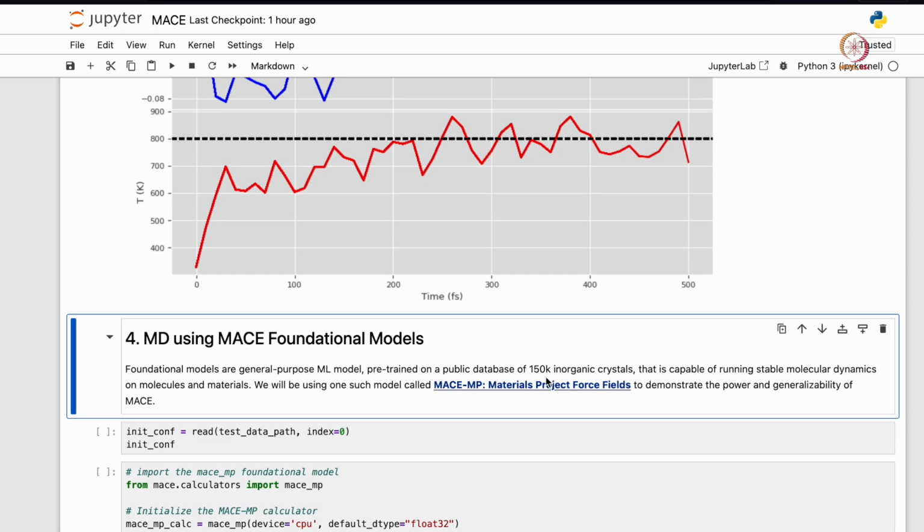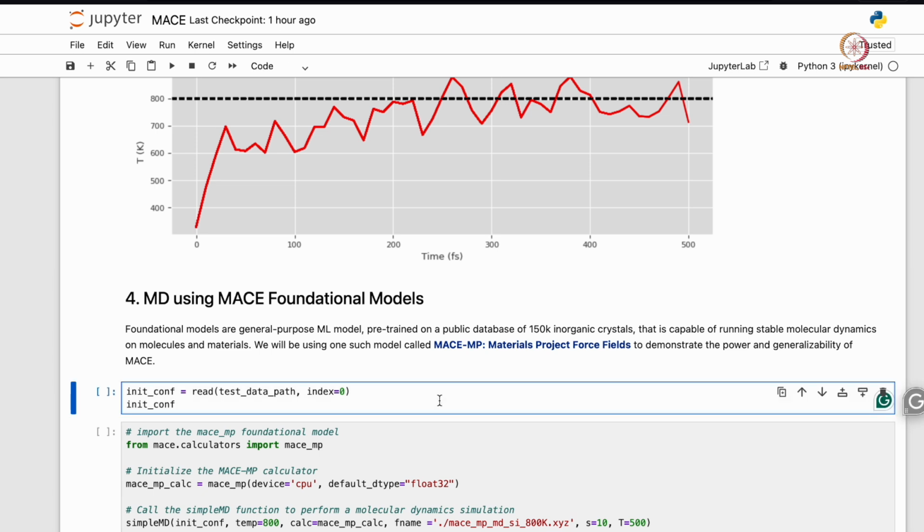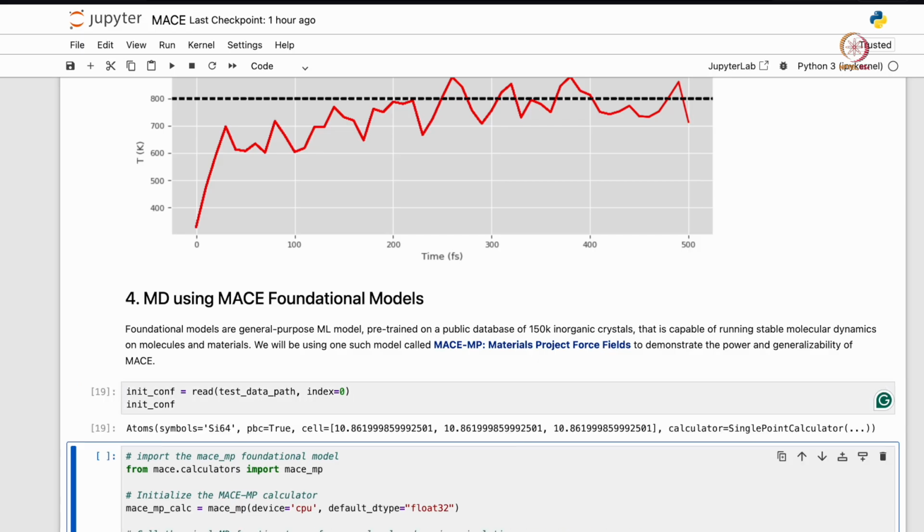Now, apart from this force field, maze comes with other foundational force fields that are pre-trained by the developers. These force fields are trained on large data sets, and we can use them directly out of the box without any further training. So let's do one molecular dynamics on the same structure using one of Maze's foundation models.